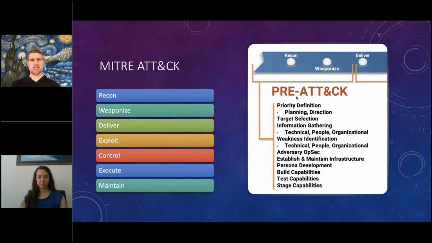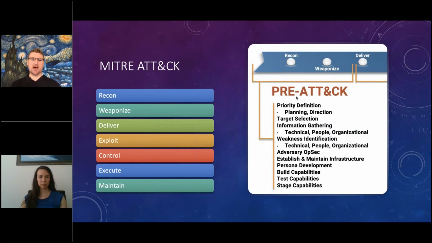So this is the MITRE ATT&CK framework. It's what we use to look at a lot of the attacks that we're investigating. The steps of the attack we can see over on the left here. A lot of times there's a lot of work done in the recon stage to decide who the target's going to be, what people work at that company, what kind of technologies the company has, at which point an attack's actually launched.